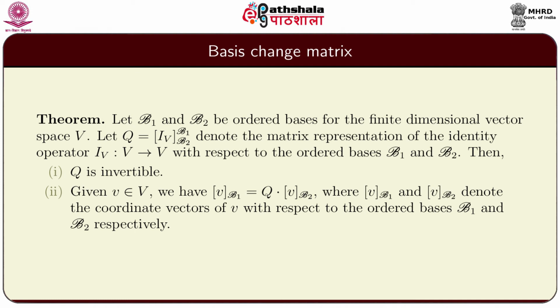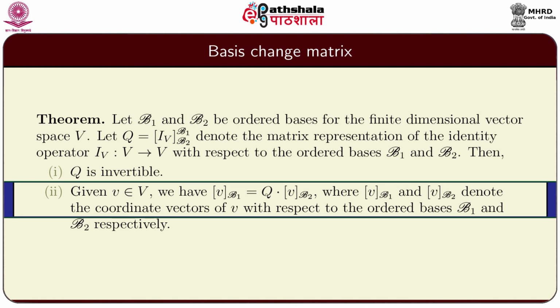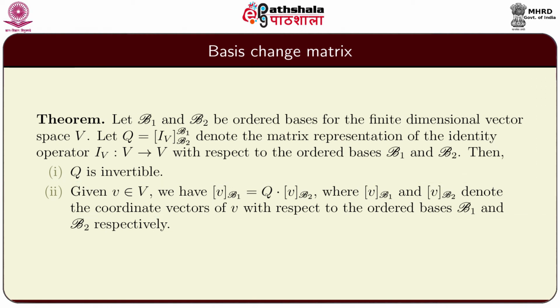Then this matrix Q is invertible, and given any vector v in V, the coordinate vector [v] with respect to the basis B1 is equal to Q times [v] with respect to B2, which is the coordinate vector of v with respect to the basis B2.